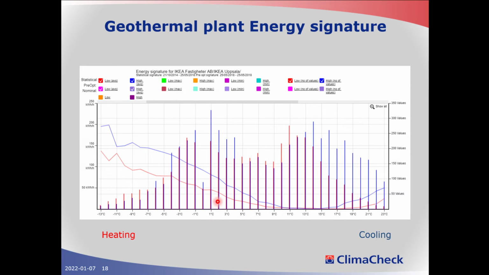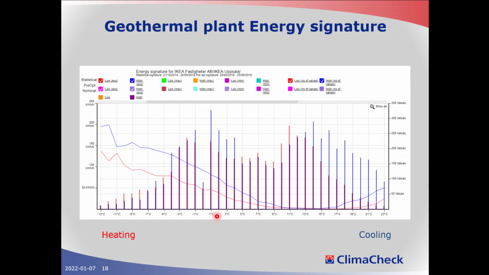So for example, this system has the most data points at 1 degree Celsius ambient temperature. That's above 300, around 325 values right now for that temperature. So since the period we are looking at for the system, it has had 325 hours of operation where the ambient temperature has been 1 degree.